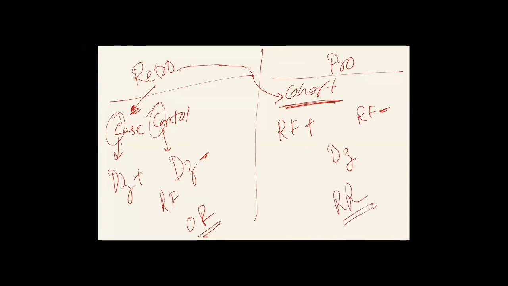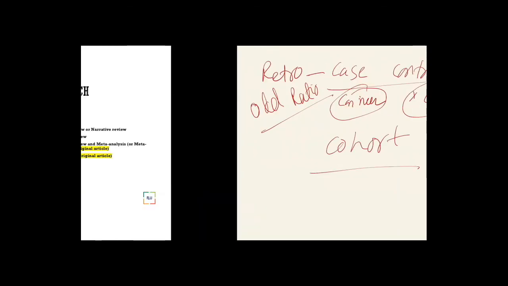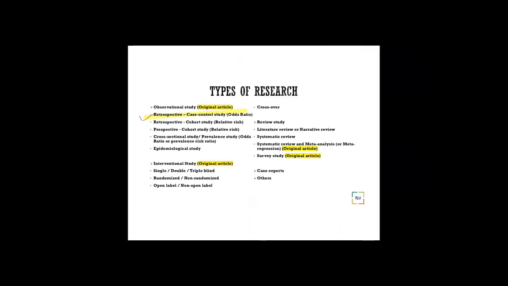This is concept number 1, which we use for observational studies. Now the third type of study is the cross-sectional prevalence study. Many studies are cross-sectional prevalence studies.